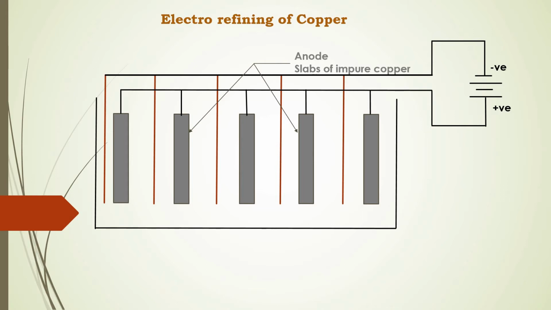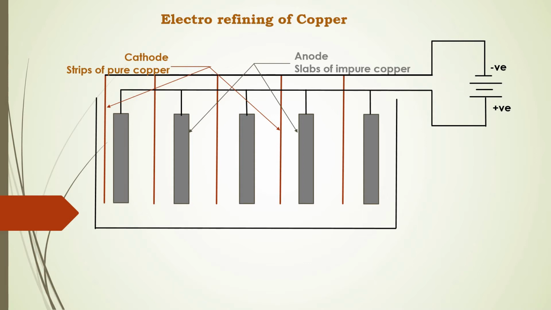So the slabs of impure copper are connected to the positive terminal and are therefore made anode, whereas the negative terminal is connected to a cathode made up of strips of pure copper metal. So they are very thin strips of pure copper and they are made as cathode.